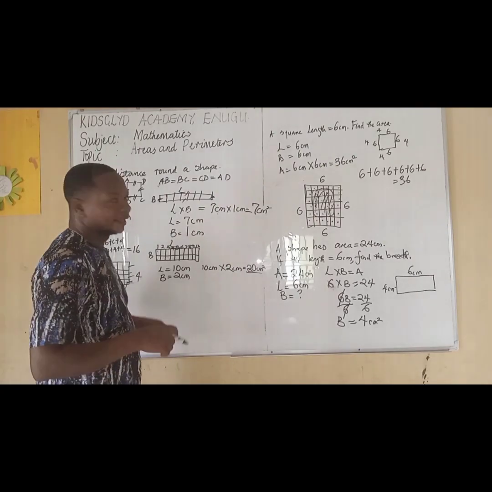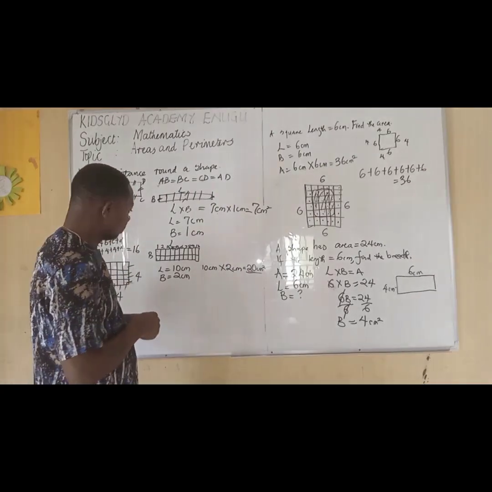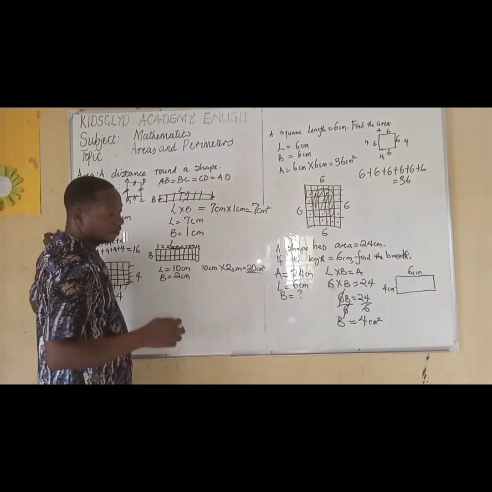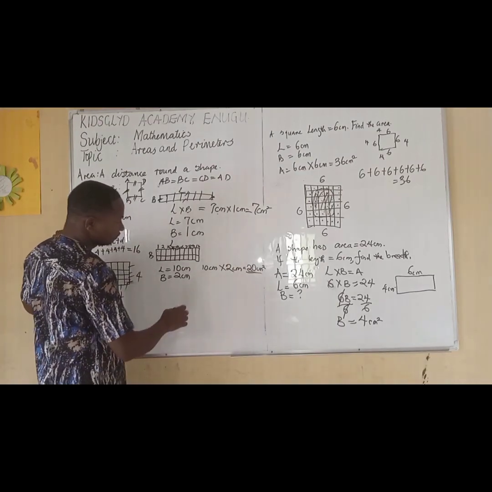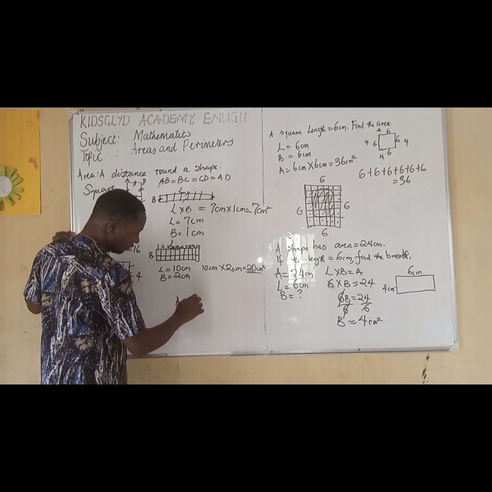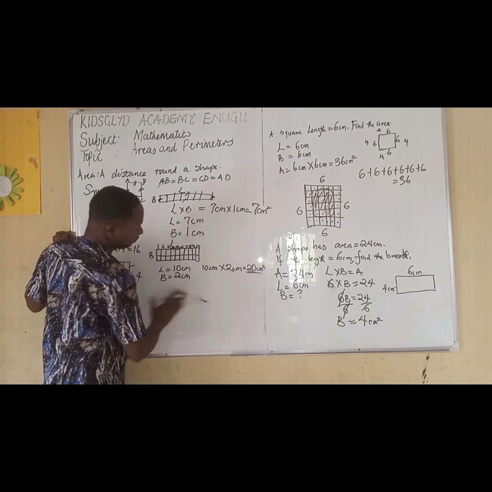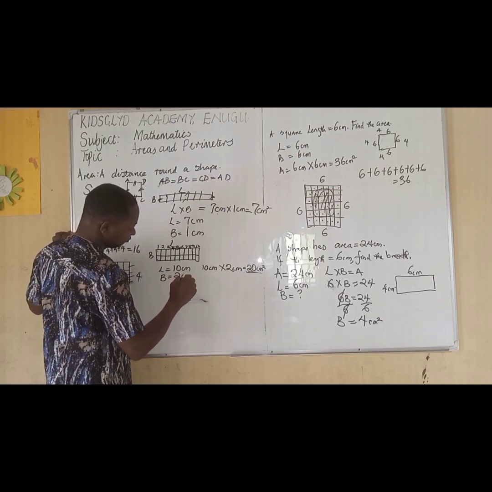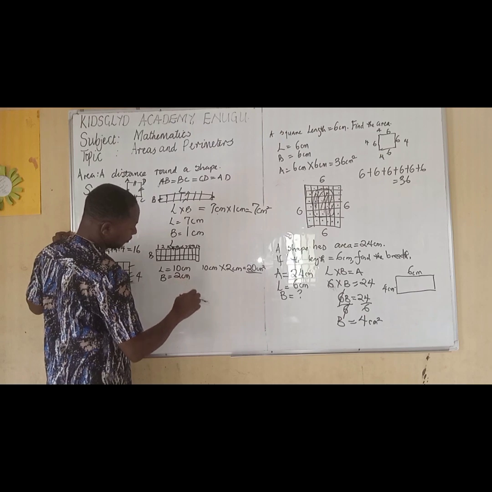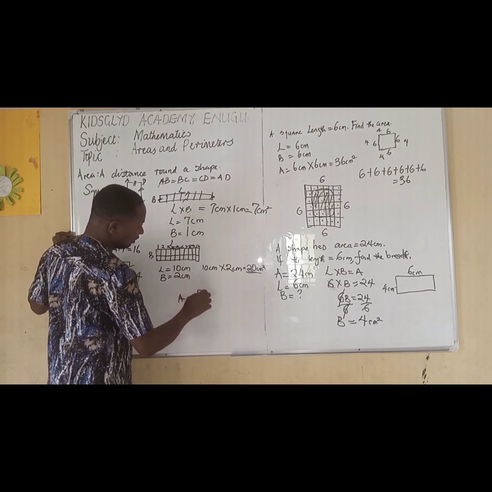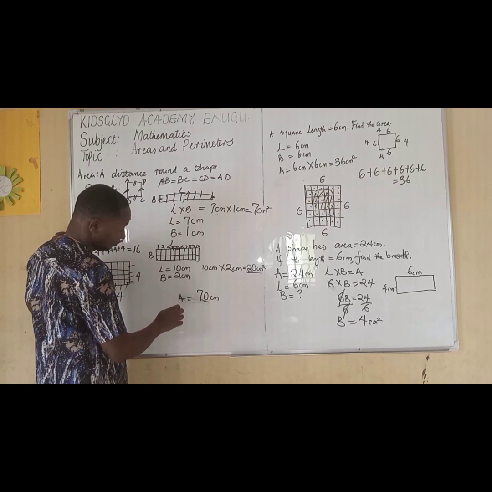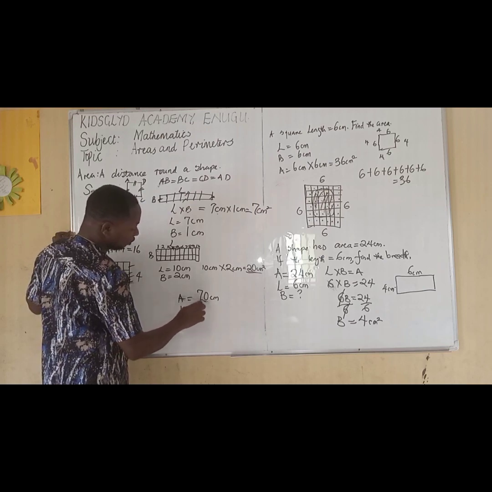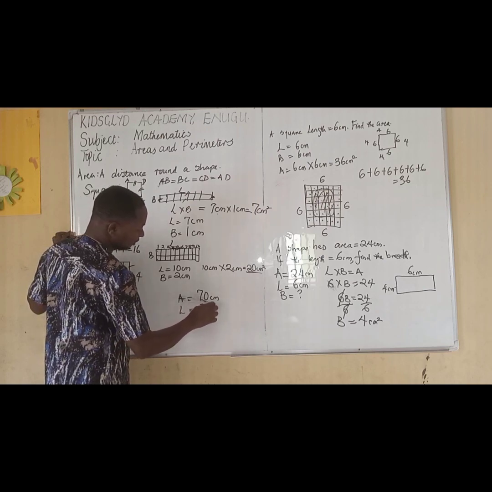Similarly, we might also be told that a shape has area equal to 70 centimeters squared, if the length is equal to 24 centimeters.